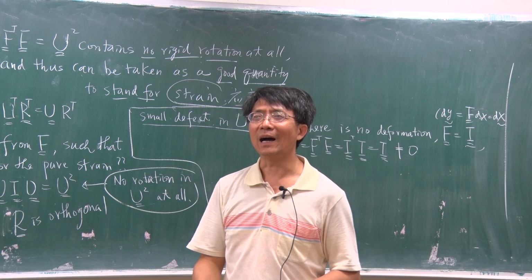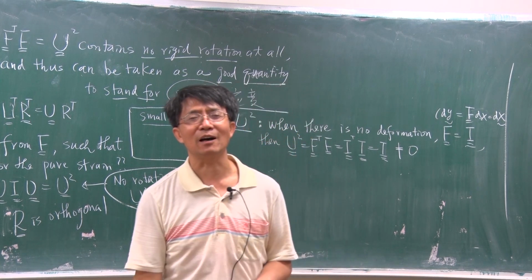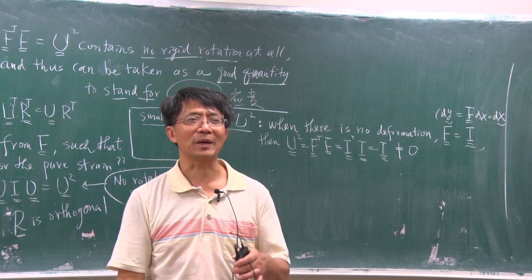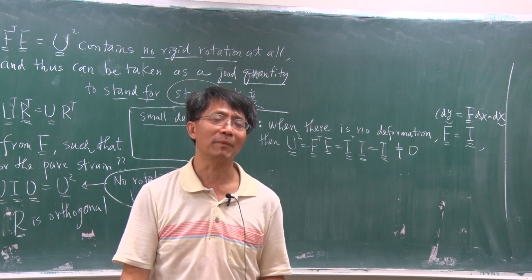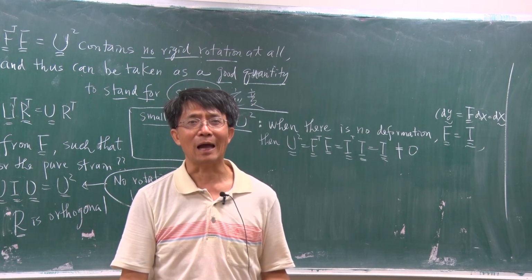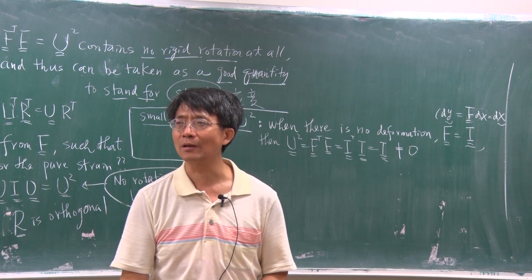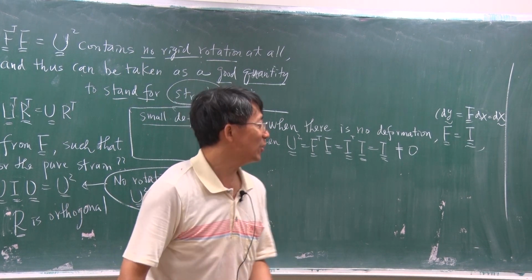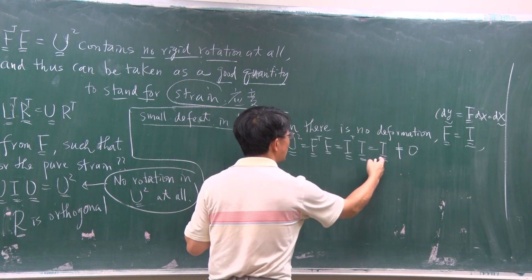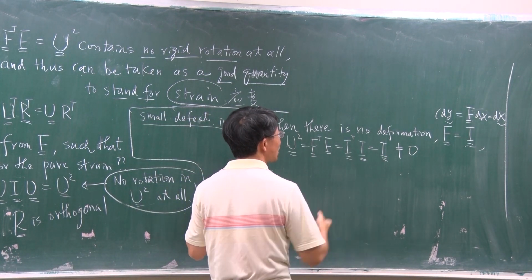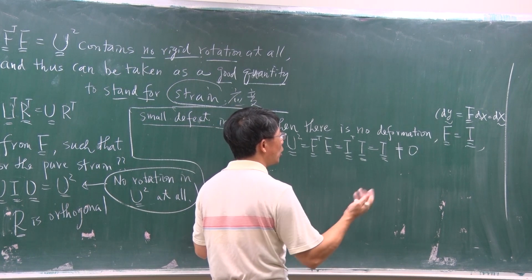You may say that it is good enough, because now it is equal to an identity matrix, but somebody says that it is not good enough. I want to have zero strain for zero deformation. So when there's no deformation, your strain tensor equals the identity tensor. So it is not perfect.